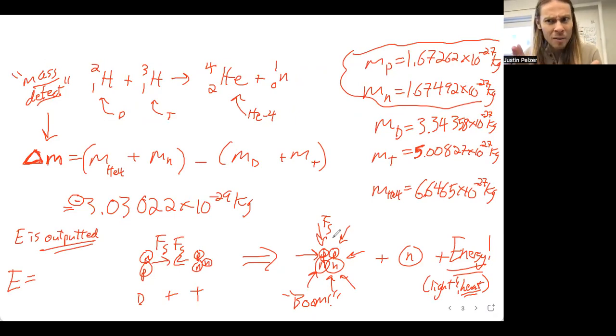Heat meaning what? What is heat? Heat is vibration. Heat is kinetic energy outputted into the environment, right? So say they hit each other and vibrate, and that makes the next molecules vibrate. It heats up the system. It heats up the star or the reactor or the air or the fluid or the plasma, whatever is around it. And that neutron's also going to have some energy. It flies off.